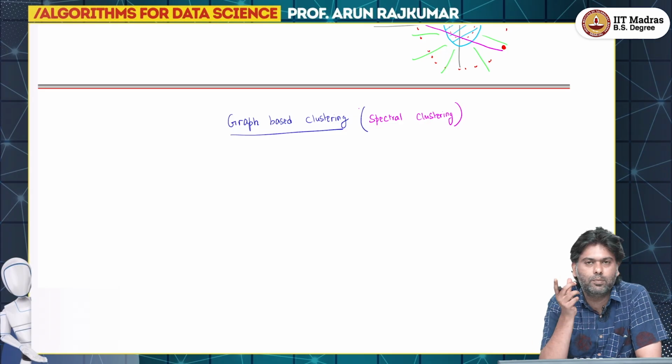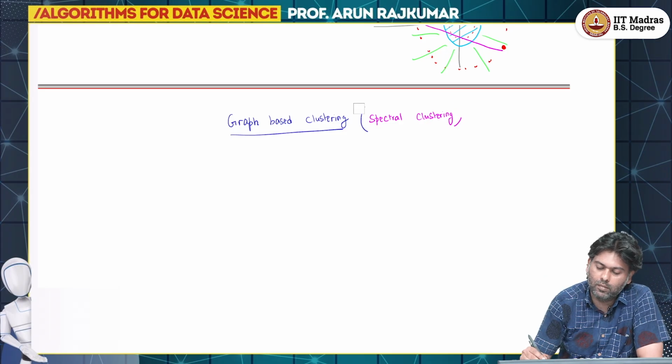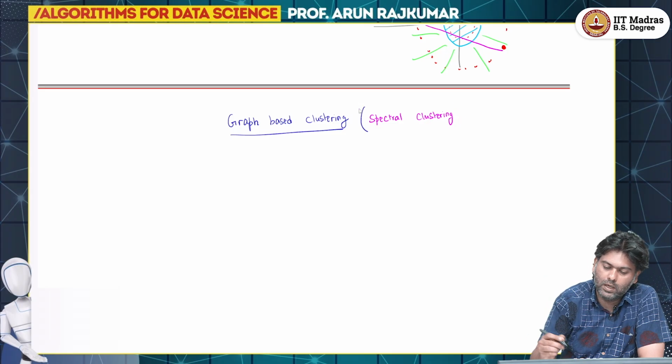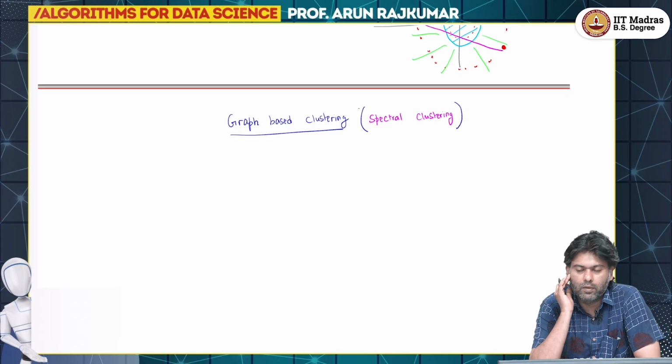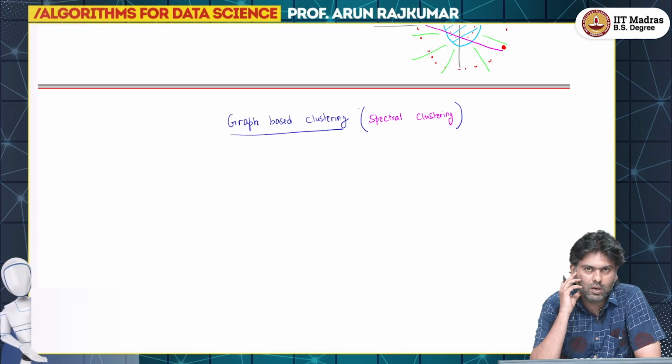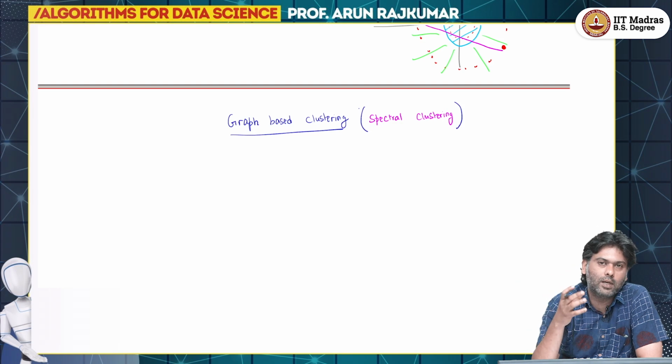Again, this term spectral clustering has multiple algorithms associated with that name, and we are going to see one such algorithm, and then I'll make a comment about what other possible algorithms carry the same name.